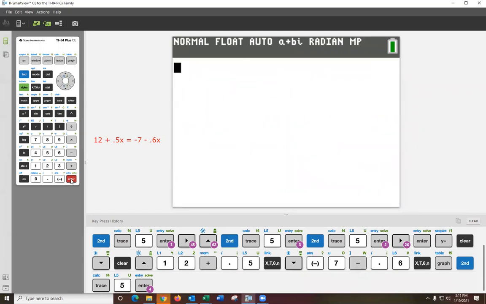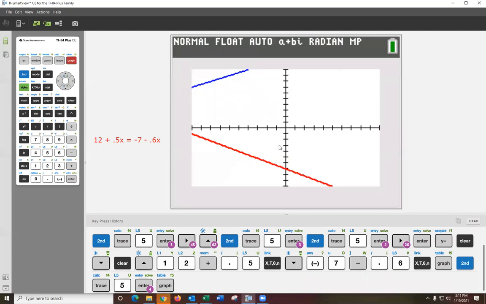Why? Because the x coordinate of the intersection point needs to be between your x minimum and your x maximum. If your intersection point is off camera just because it's above or below the screen, that's fine. It'll still find it. But if it's off to the left or the right, it won't find it.